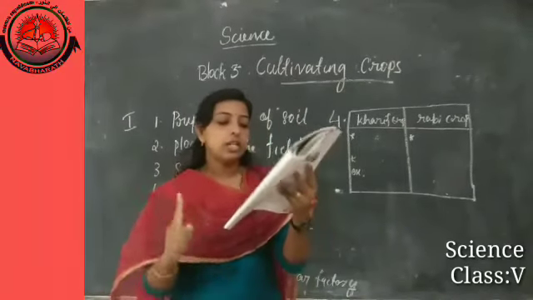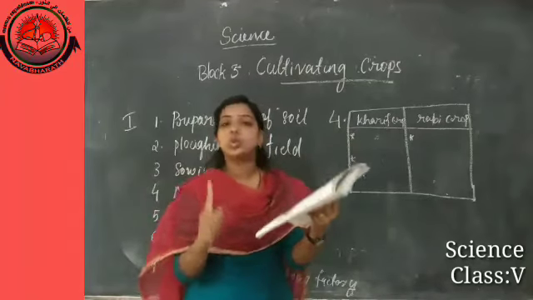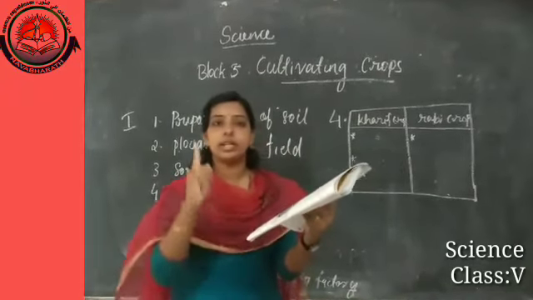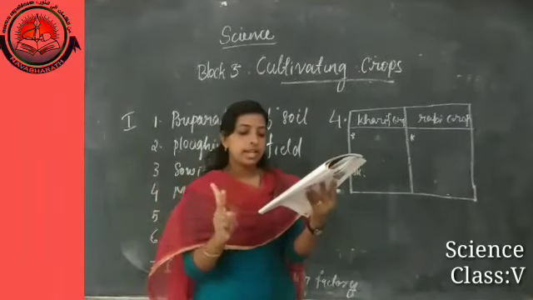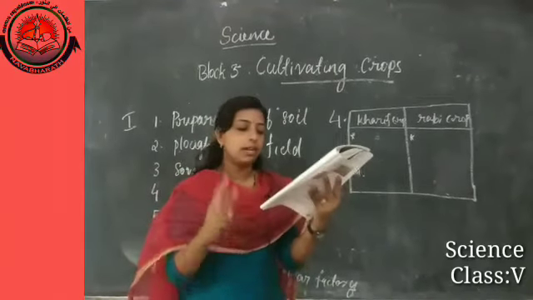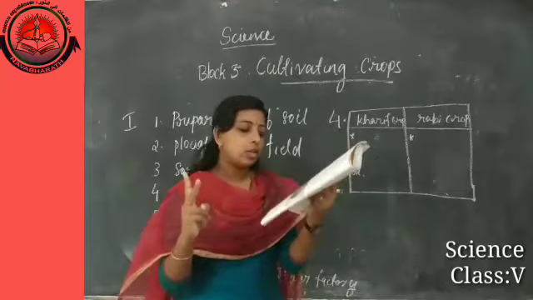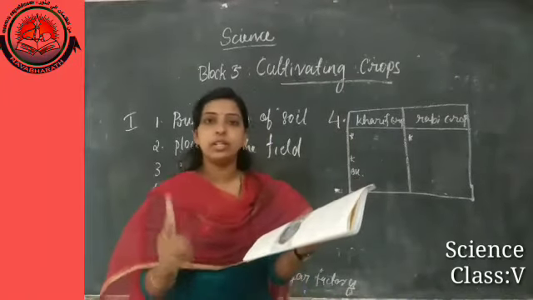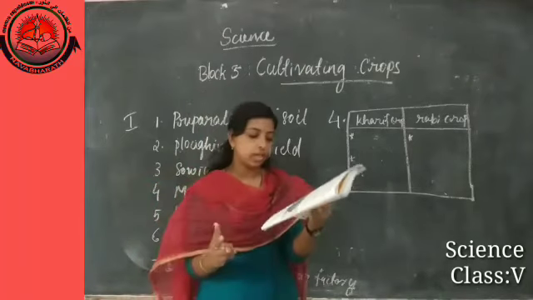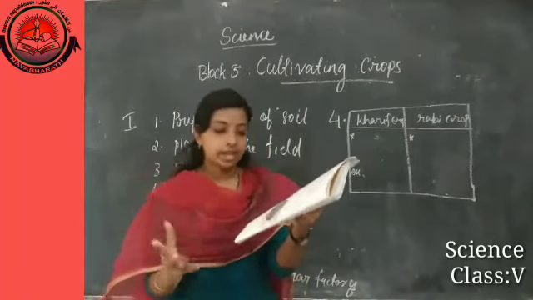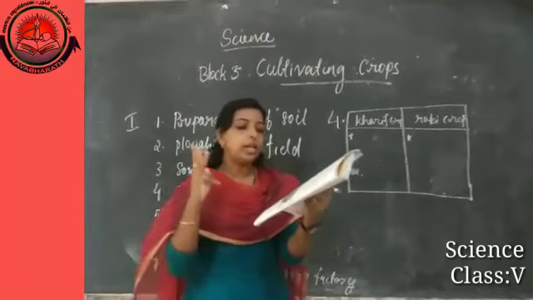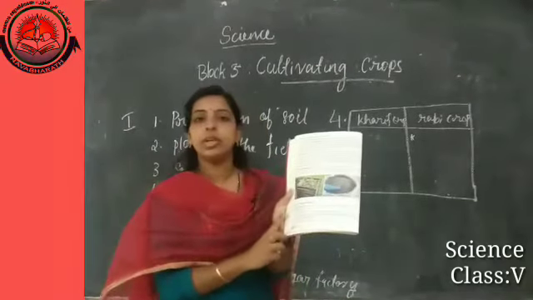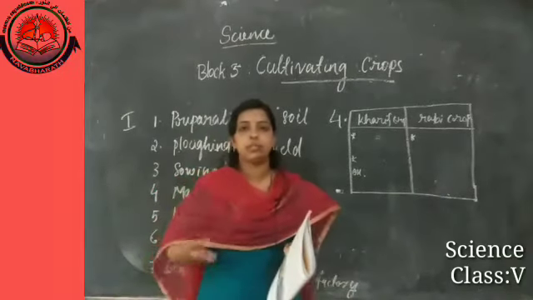First thing, seed sown should be of good quality. This is the first. And the second one, in the same sentence itself, they should not be planted too close to each other, and they should not be too deep into the soil. In the same point itself, you have to write point-wise.